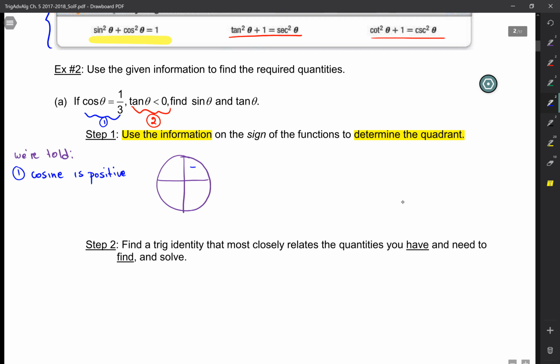Cosine is positive on the first and fourth. We're also told that tangent is negative. Where is tangent negative? Second and fourth. The quadrant where two of them match is where your answers are. So answers are in this quadrant.